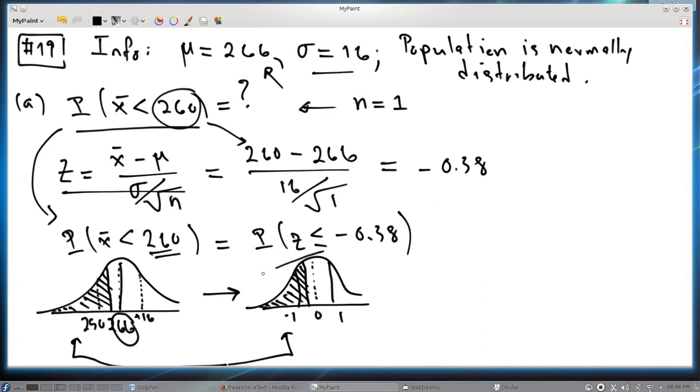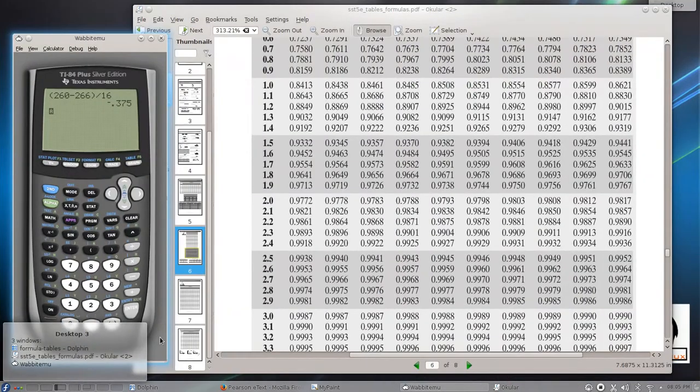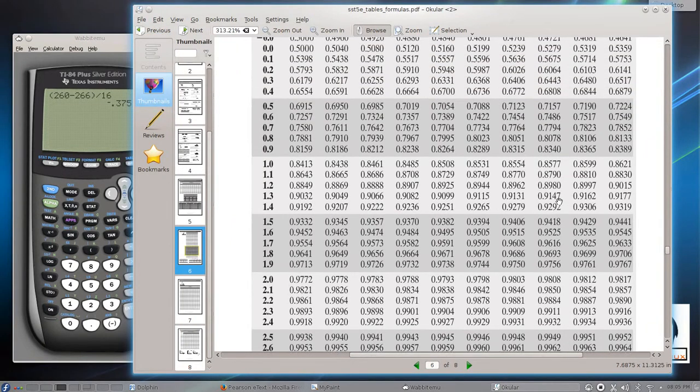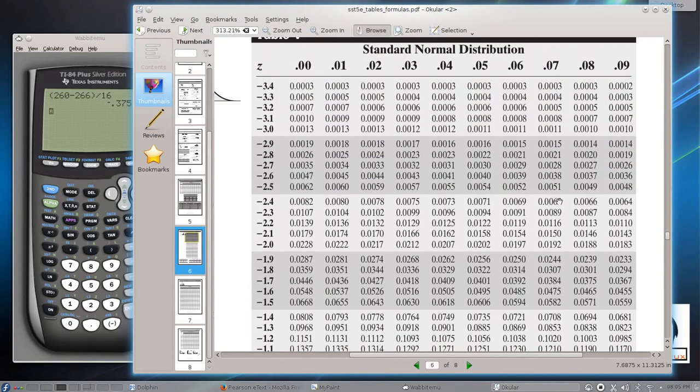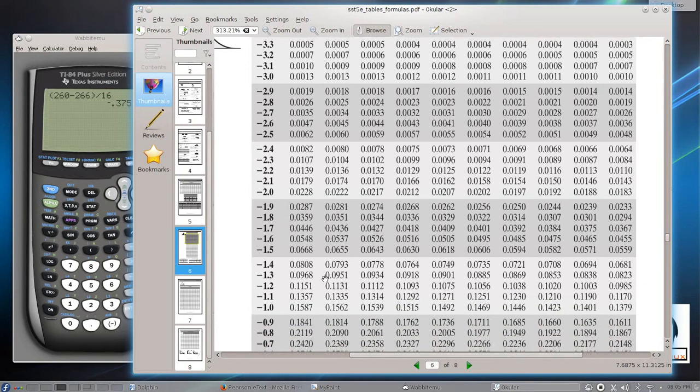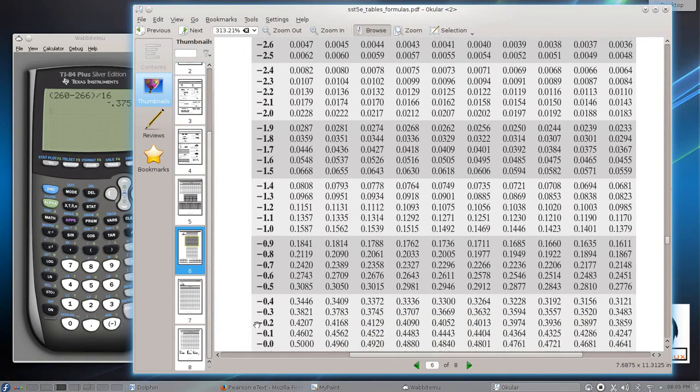Now we need to look up a z-value table to find out what the shaded region is equal to. For that, we'll turn to the normal curve distribution table right here, and look up negative 0.38. So you go up here, you can see 0.08 is the second column from the last one on the right side, and negative 0.3 is somewhere here, where my hand is waving.